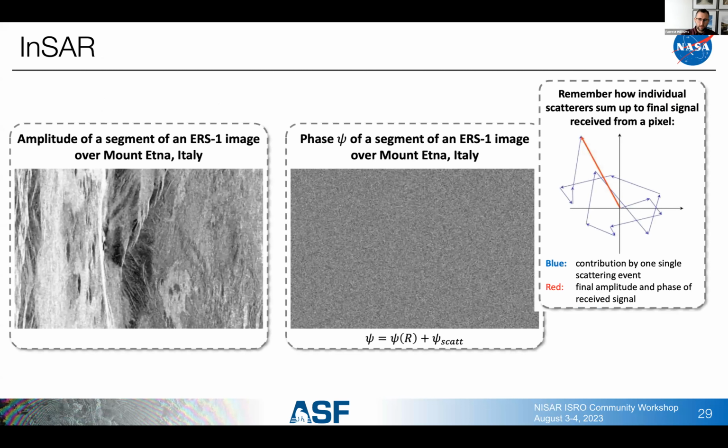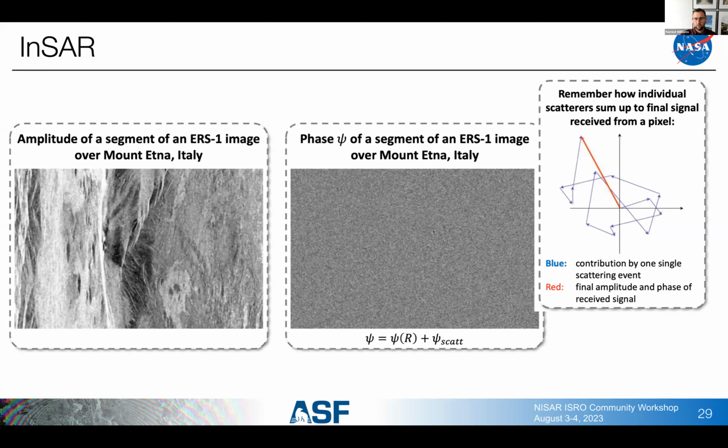As you can remember from Heidi's talk, all SAR measurements are made up of two components, the phase component and the amplitude component. The amplitude component is what we have over here, where you can see something that looks a little bit more similar to actual land, where you can see a slight mountain and some divots over here.